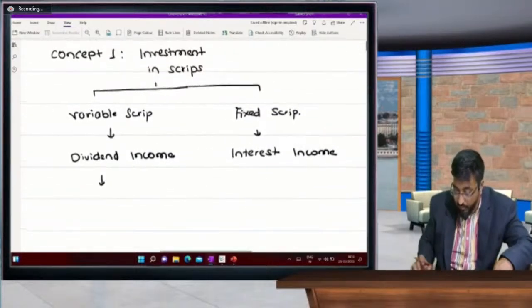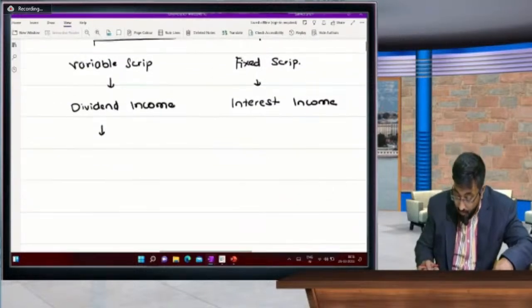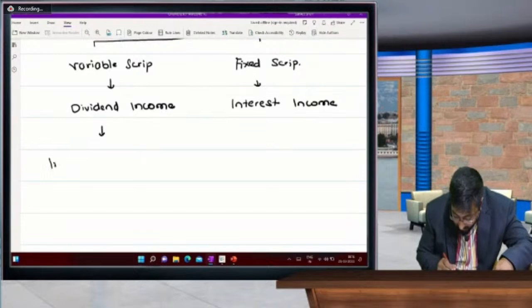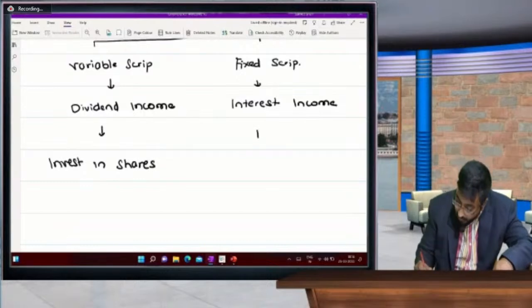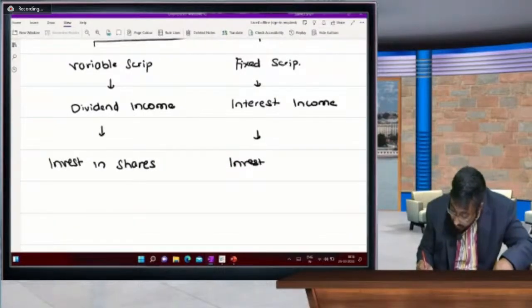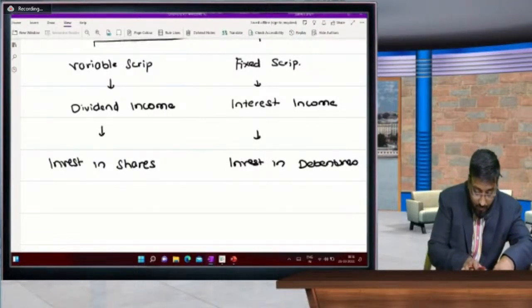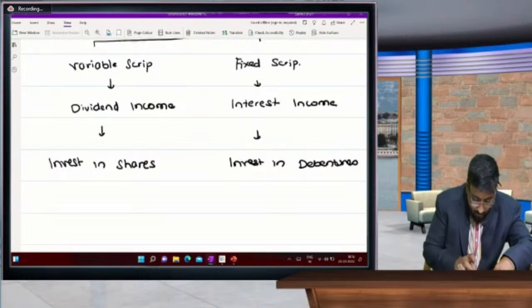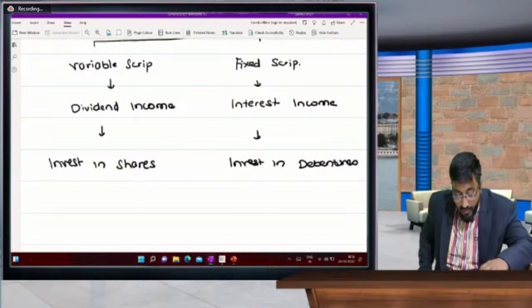When you invest in shares, you are getting dividend income, and when you invest in debentures, you are getting fixed interest income. Okay, so fixed script and dividend income, understand.